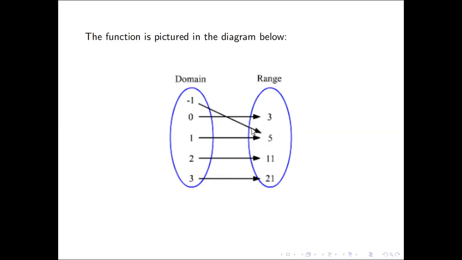So -1 is matched to 5, for example, would mean the coordinate (-1, 5), 0 paired to 3 would mean the coordinate (0, 3), and so on and so forth. And diagrammatically, we see that no element in the first set is paired to more than one element in the second set. So it is a function.